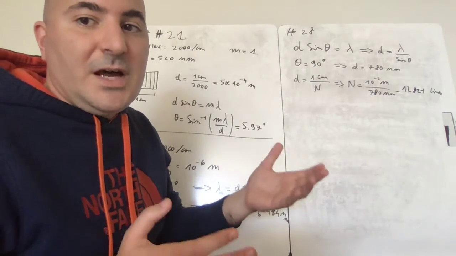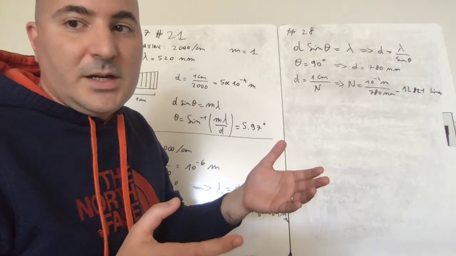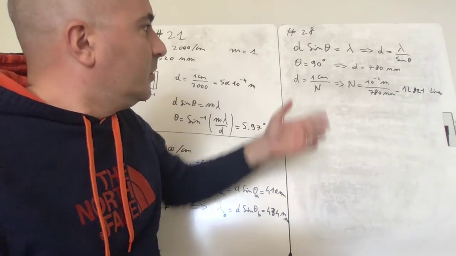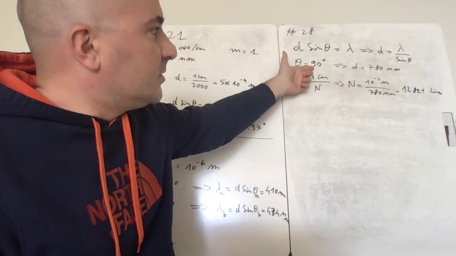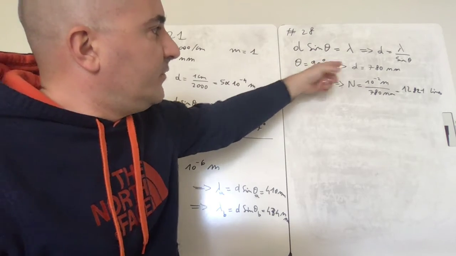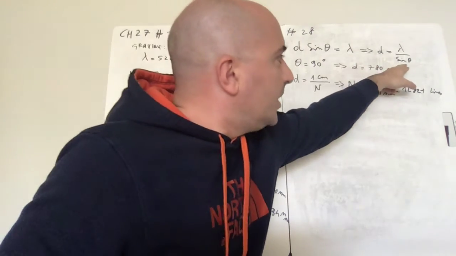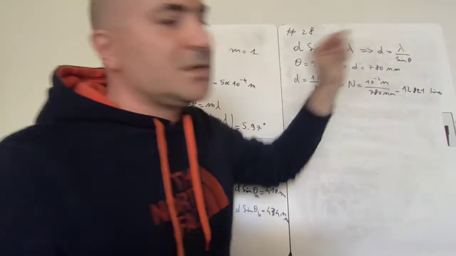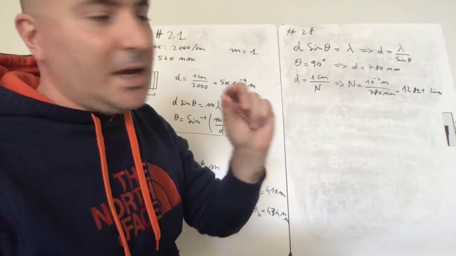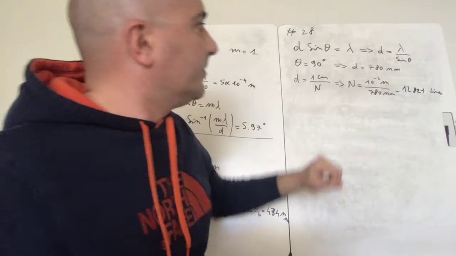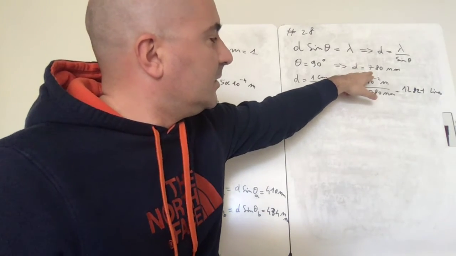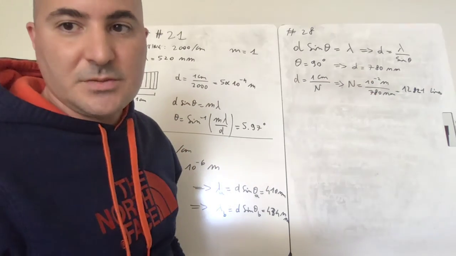So the maximum is sine theta equal to 1, which means theta is 90 degrees. Plugging in 90 degrees, the maximum distance between the two slits has to be lambda, and for red the wavelength is 780 nanometers.